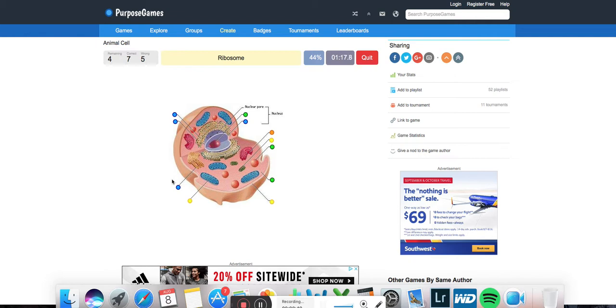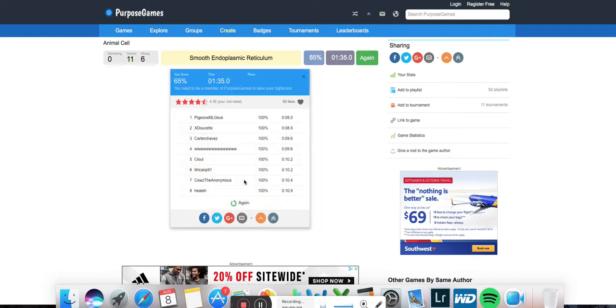Ribosome. Here? Good job. Nuclear membrane. That's correct. Last one, rough ER. Smooth ER. Good job.